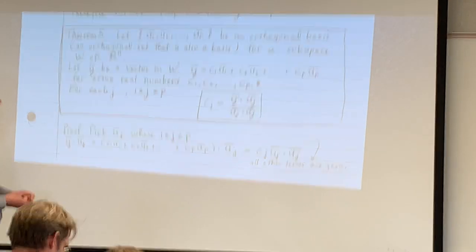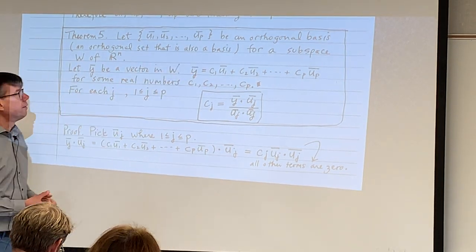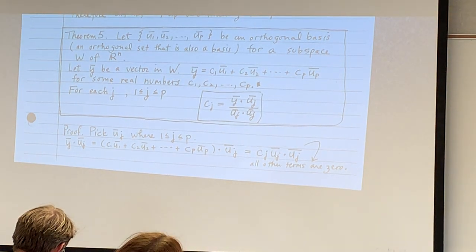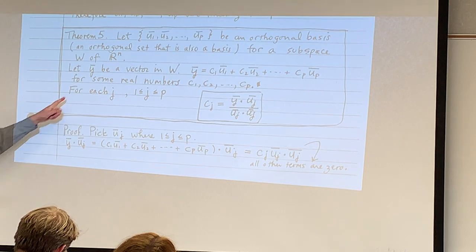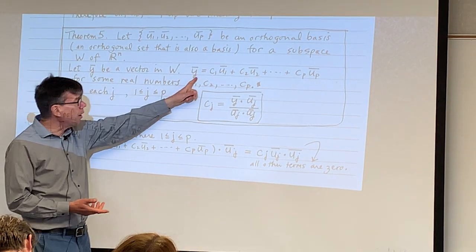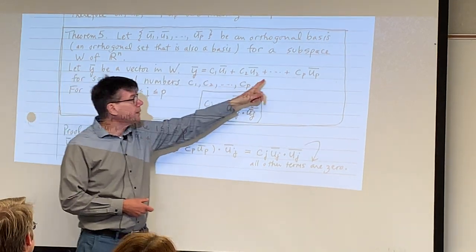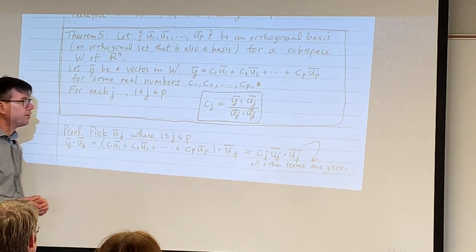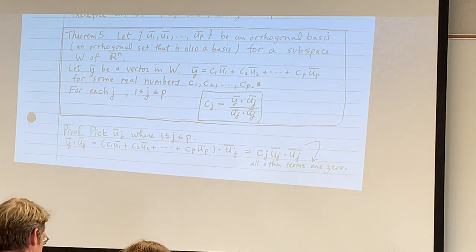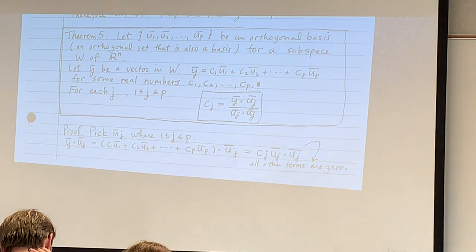And we have a basis of orthogonal vectors, right? U1 through UP. So P would be the dimension of the subspace. Let y be any vector in this subspace. Well, we know since U1 through UP is a basis, y can be expressed as a linear combination of those basis vectors, with real numbers, the weights, the scalars, C1, C2 through CP.